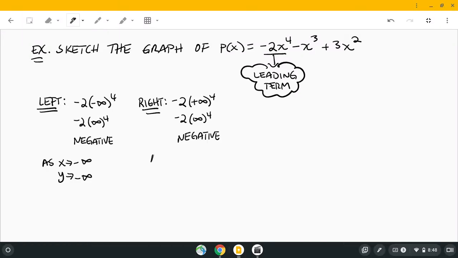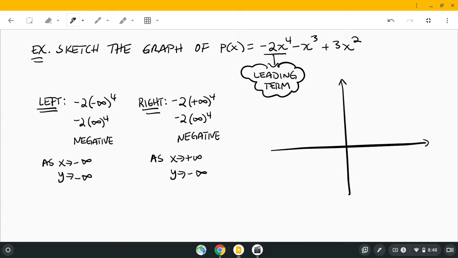So here, as x goes towards positive infinity, our y values go towards negative infinity. So on the left, it will drop, and on the right-hand side, it will also drop. Okay? All right, so let's go ahead and graph this.